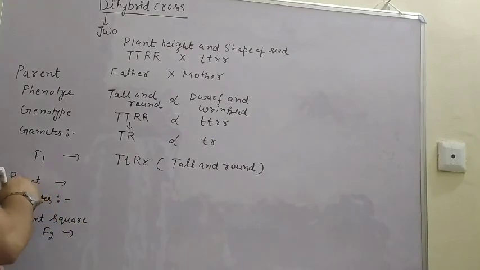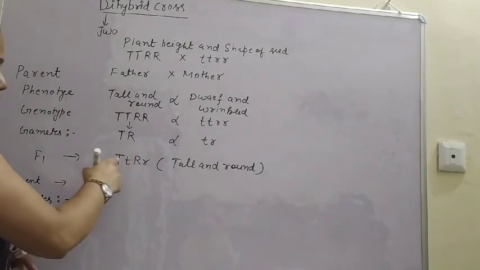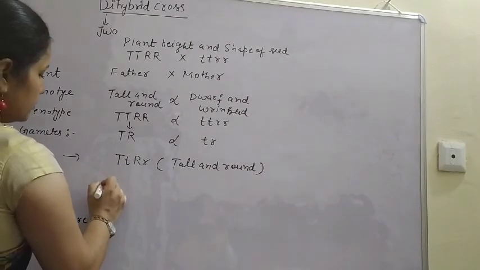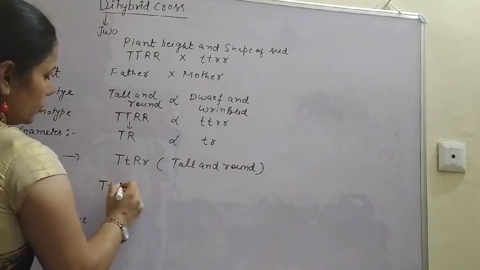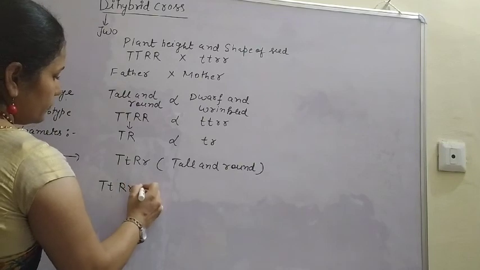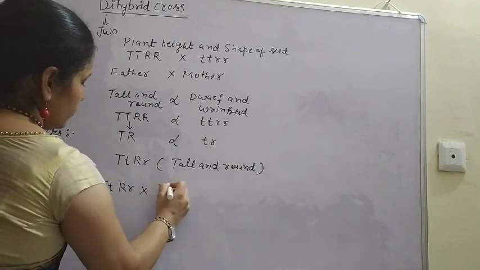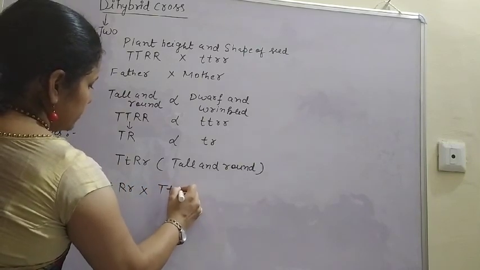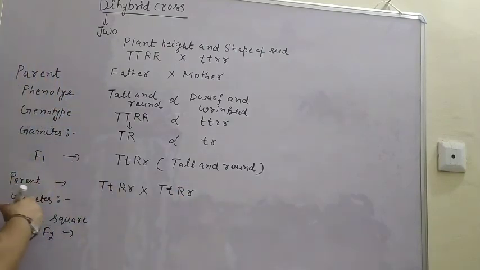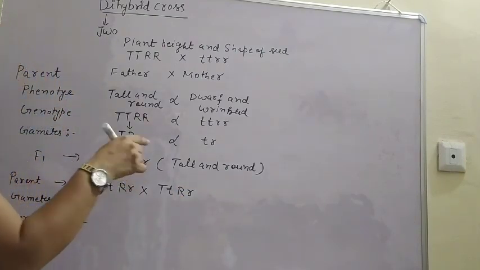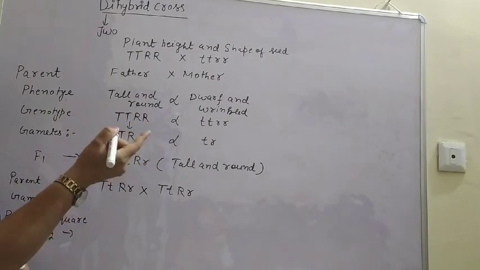Now for the F2 generation, these are the parents: capital T small t, capital R small r, cross. Both parents are the same and we have to do selfing here. So the gametes, like the round and yellow we have done.